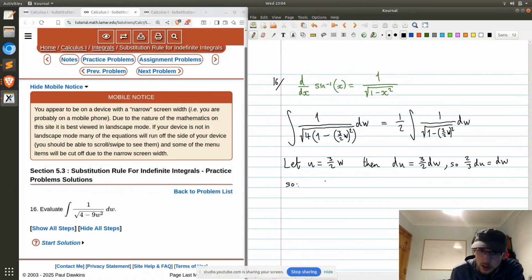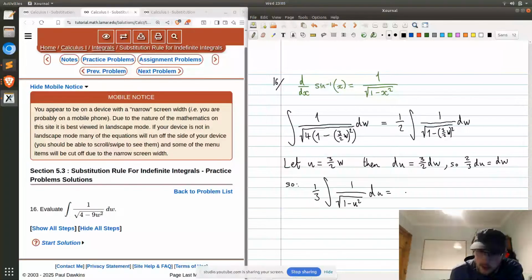So now the original, please. I want a half on top. I want u there, and I want two-thirds times a half is 1/3. 1 over root 1 minus u squared du.